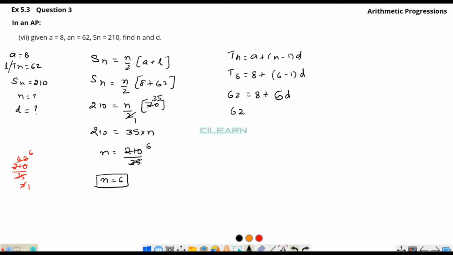Send this to the left hand side: 62 minus 8 is equal to 5d. 62 minus 8 gives us 54 is equal to 5d. So 54 divided by 5 is equal to d. Therefore, n is equal to 6 and d is equal to 54 by 5.